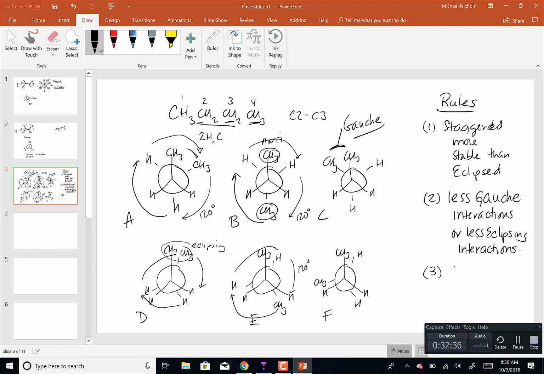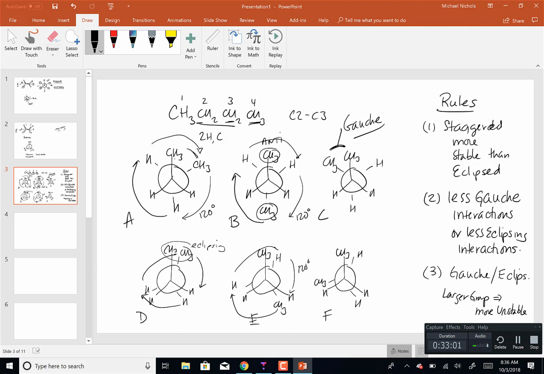So for gauche or for eclipsing, the larger the group, the more unstable the interaction.